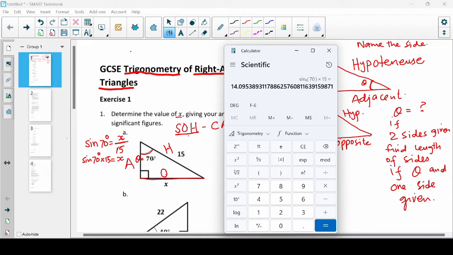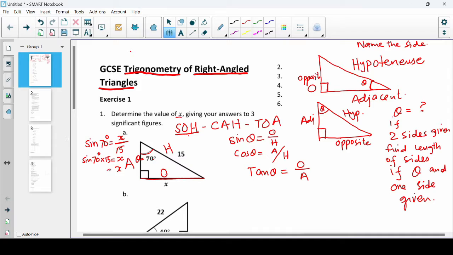So our x value is x equal to 14.09. It says three significant figures. So 1 for 14.09, so 0 inside. If we do not consider this as significant, then we can write 14.09. So this is the x, our side.